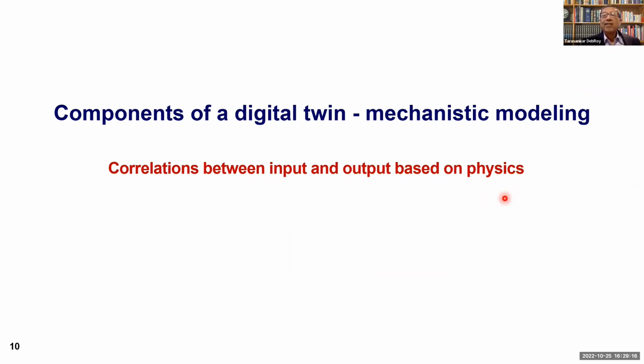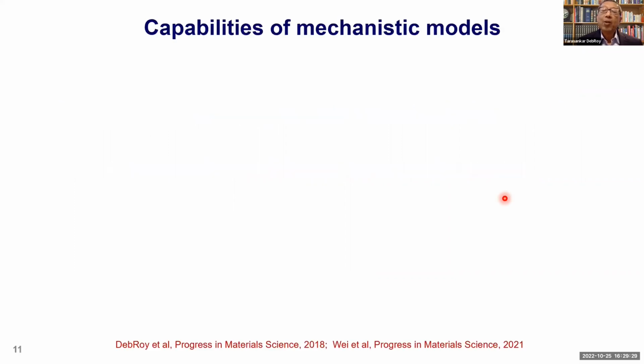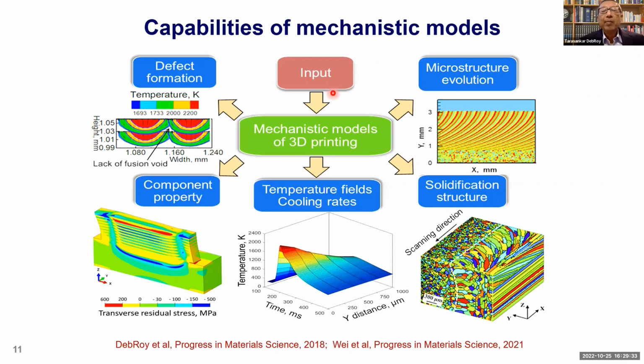So what's the requirement for being able to do that? We need to know the mechanisms of action. Otherwise, we cannot apply the laws. So, capabilities of mechanistic models. Let's say that we have developed a mechanistic model.